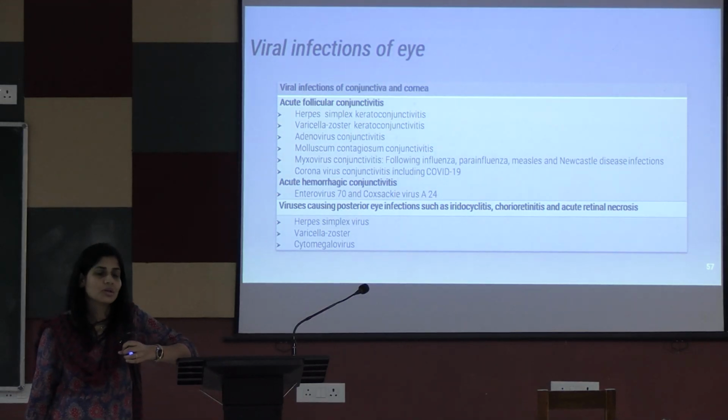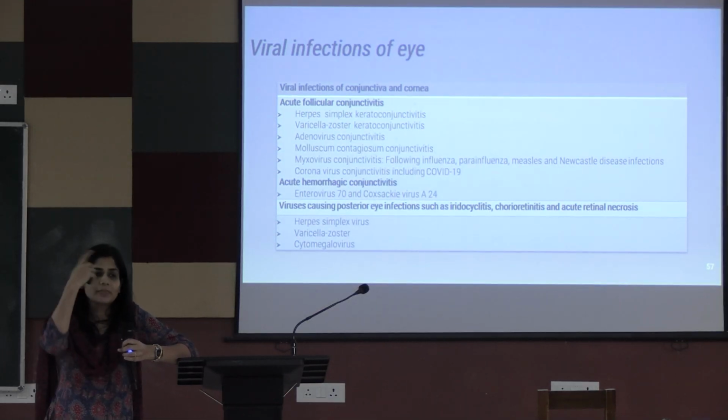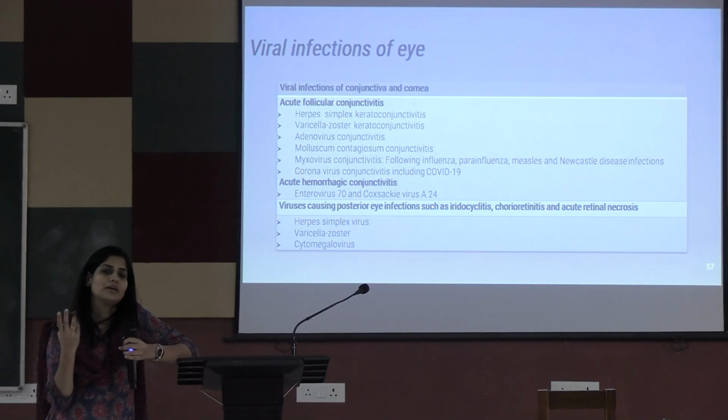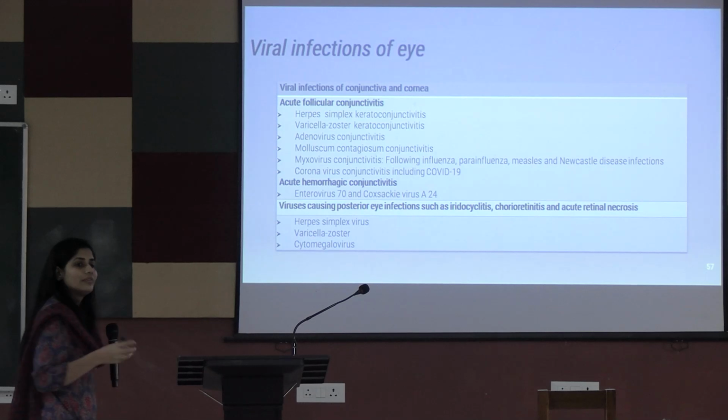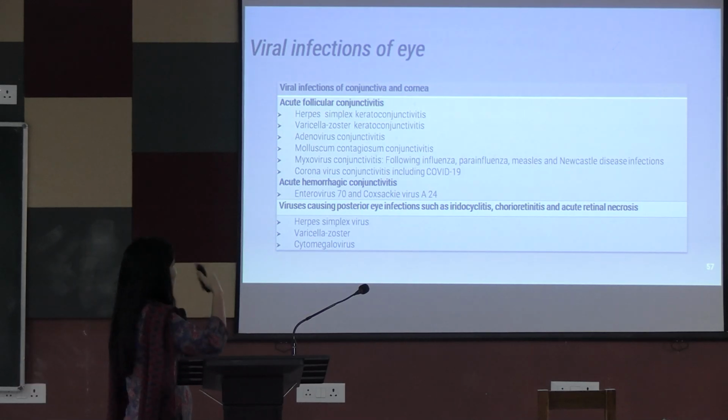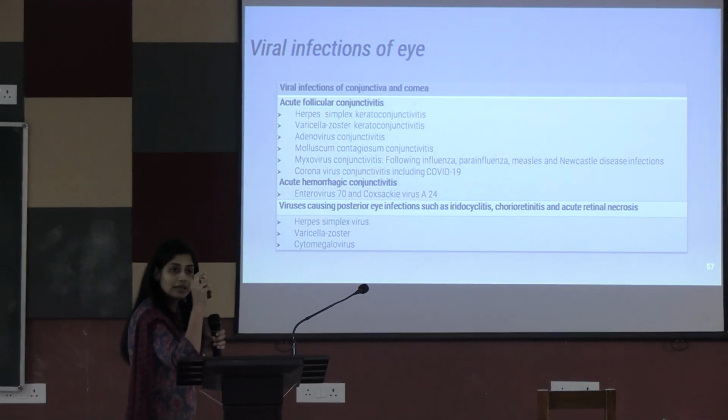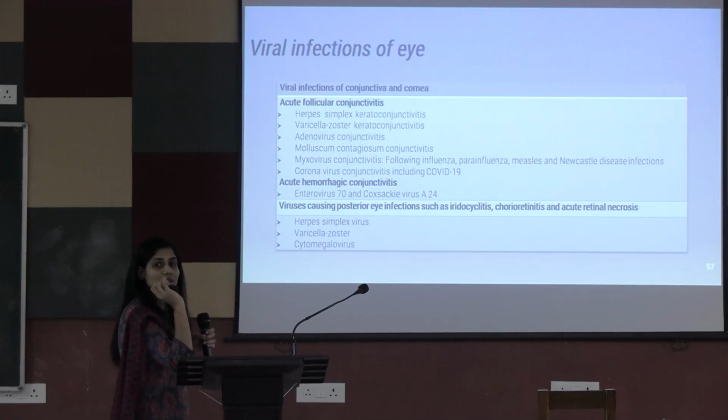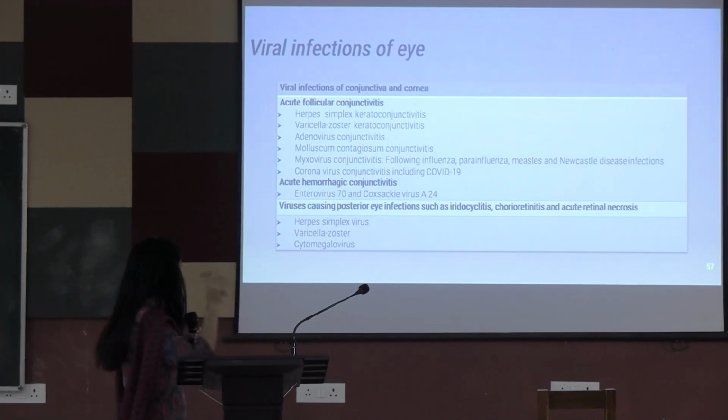In the ganglions. What kind of infection will you see here? It will follow a nervous route. So what will you see around the eye? One dermatome will be affected. So you will see eruption of vesicles around the eye in a single line and associated with very severe pain.